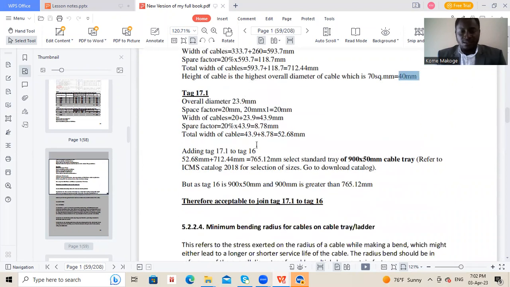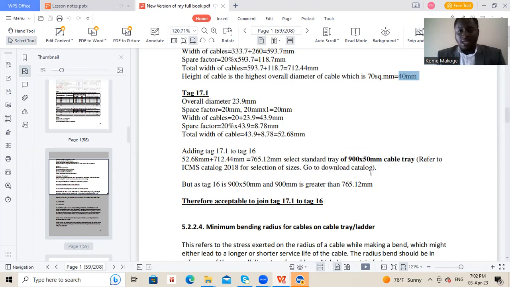For tag 17, we did the same, and we came to a total width of 52.68. Adding 17.1 and tag 16, we have a 900 by 50 mm cable tray. Referring to the ICMS, you can go to any manufacturer, for example the catalog 2018, for selection of sizes.